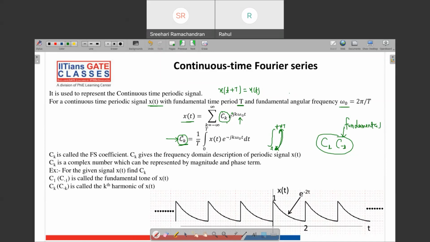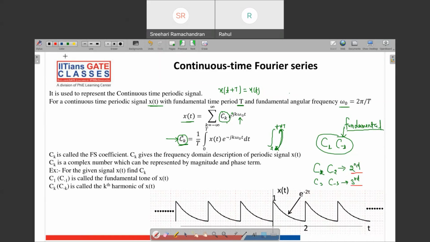Then if you take any other terms, let's say c2 and c minus 2, or c3 and c minus 3, we call the first one the second harmonic and the next one the third harmonic. There is nothing like a first harmonic. We call it the fundamental term, not the first harmonic. So harmonics start from the second harmonic, third harmonic, and so on.